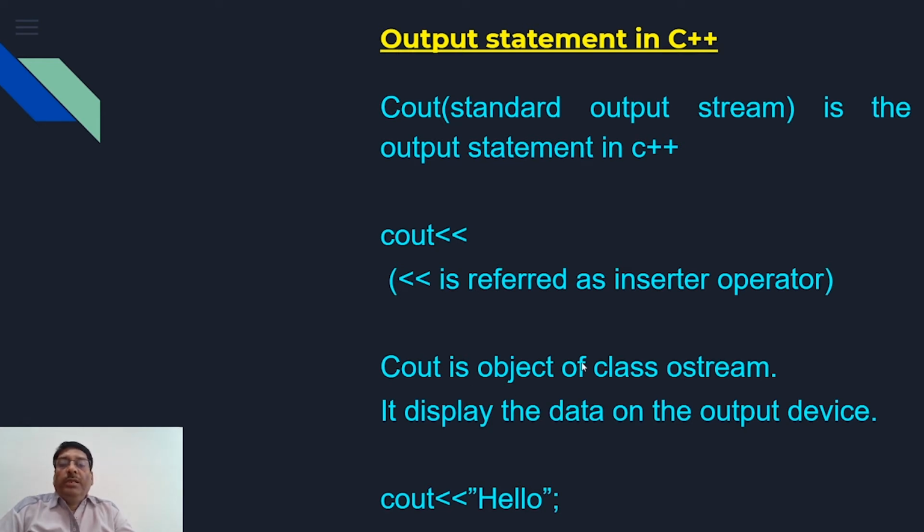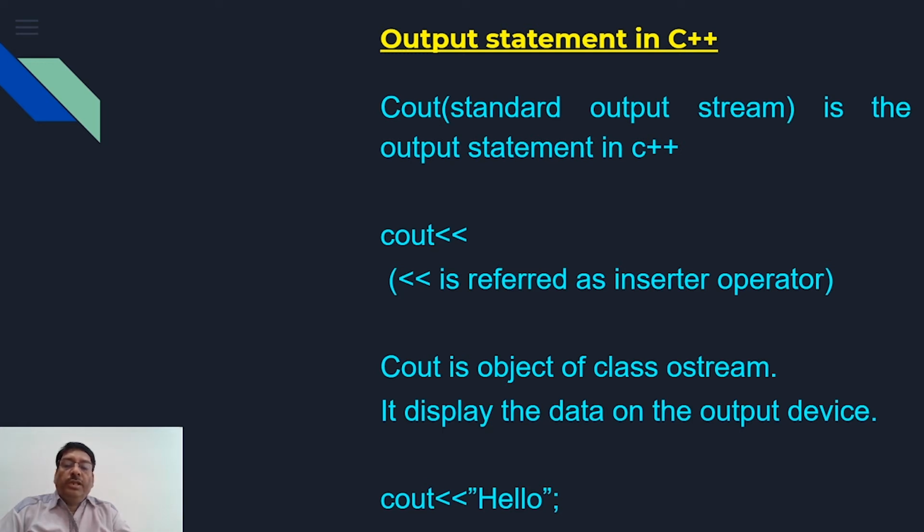Cout is an object of a class called ostream, and cin is an object of istream. Cout is used to display data on the output device. You can write cout, then the inserter, then hello. That less than symbol is called an inserter.